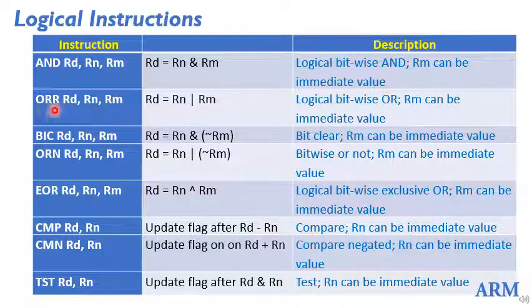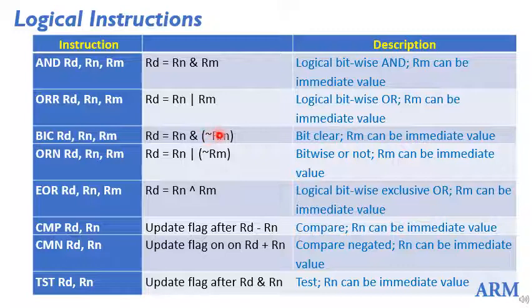ORR stands for logical bitwise OR. So here Rn bitwise OR Rm is performed and the result is stored in Rd, and Rm also can be an immediate value. So next instruction is BIC, that is bit clear. Okay, bit clear. So this instruction is going to complement the second operand, that is Rm.